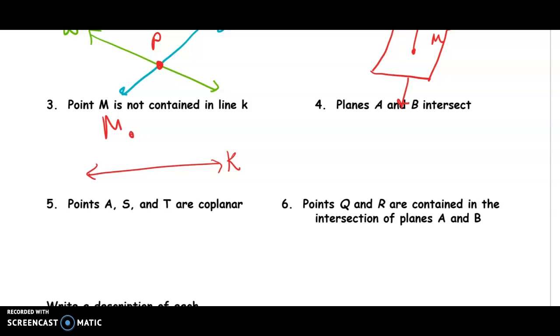So the hardest one is the planes A and B intersect. And the best thing I can tell you to do is to draw a plane at an angle and then draw another plane at another angle, but don't necessarily cut them through all the way.